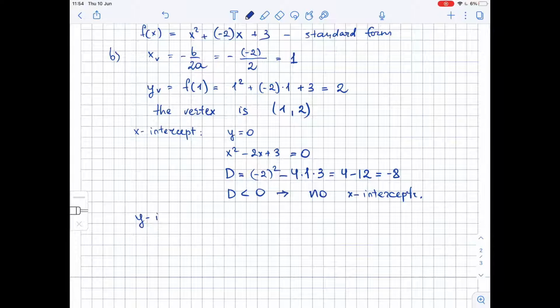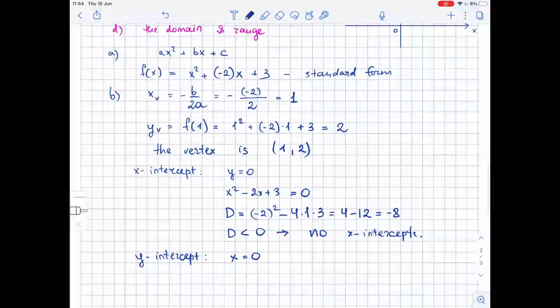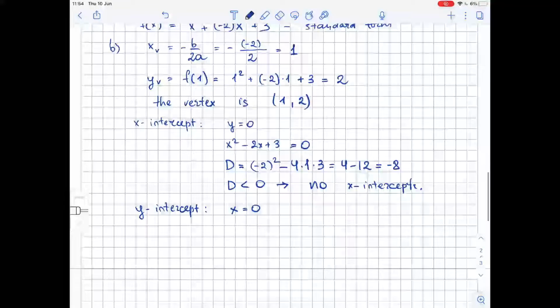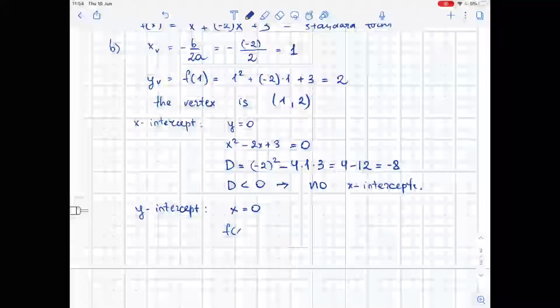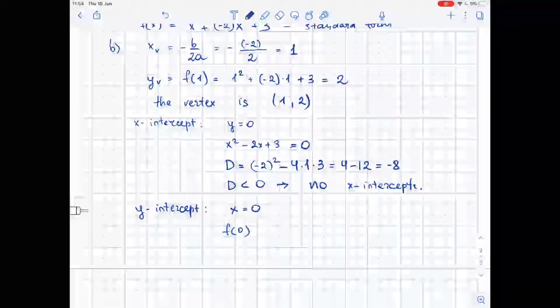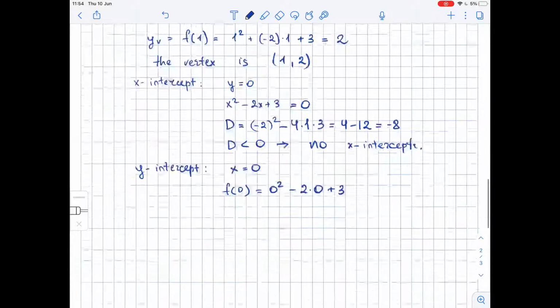Now let's look at y-intercepts. So to find those, we need to let x equal 0. So x equals 0, and now we just substitute 0 for x in our function. So f of 0 equals 0 squared minus 2 times 0 plus 3.